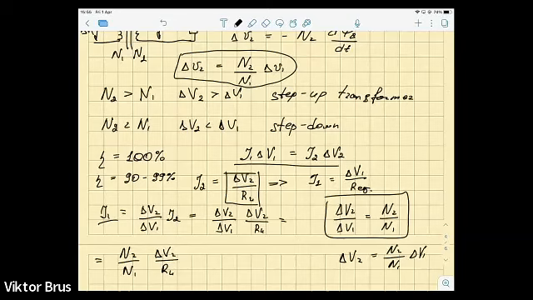So now we substitute this instead of delta V2. So this will be N2 divided by N1 times N2 divided by N1 times delta V1 divided by RL.